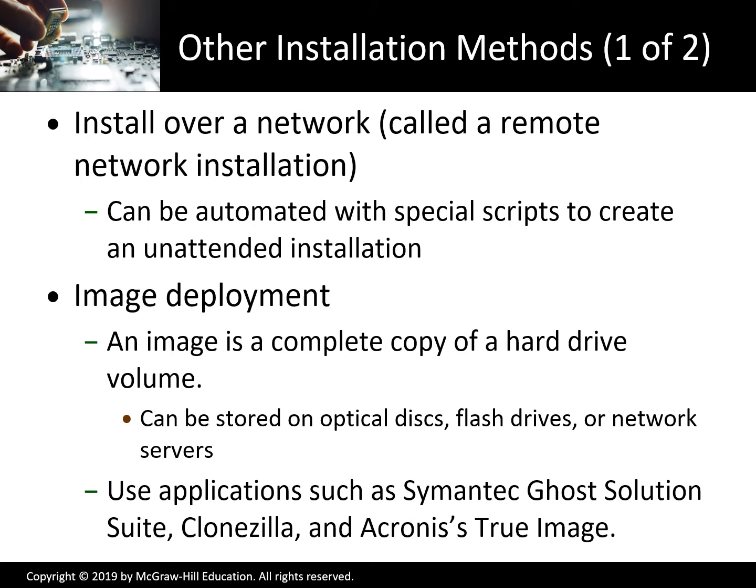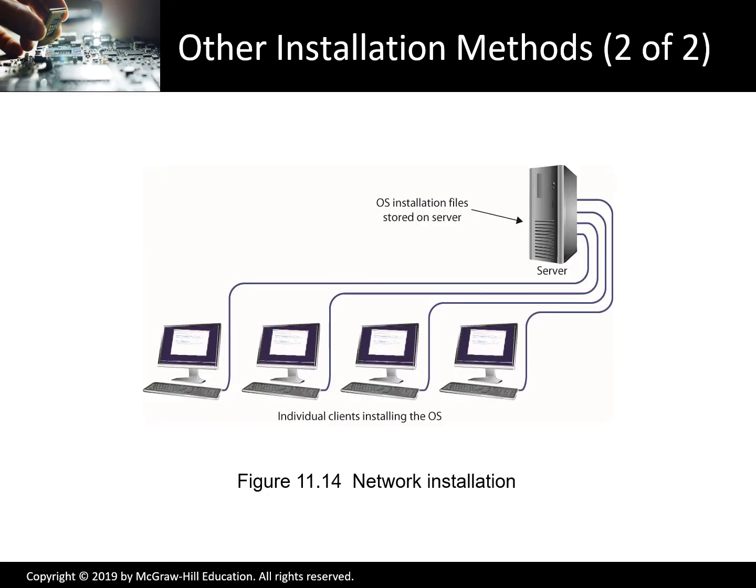Now, what we do is we build one image the way we want, then we simply clear the old one, install a new image over the internet. We put them in what's called a pre-installation environment, and there are some tools for that, and we install all the operating systems or all the images simultaneously. It saves a lot of time, a lot of work, plus you get the same quality product time after time. Here's a picture of it.